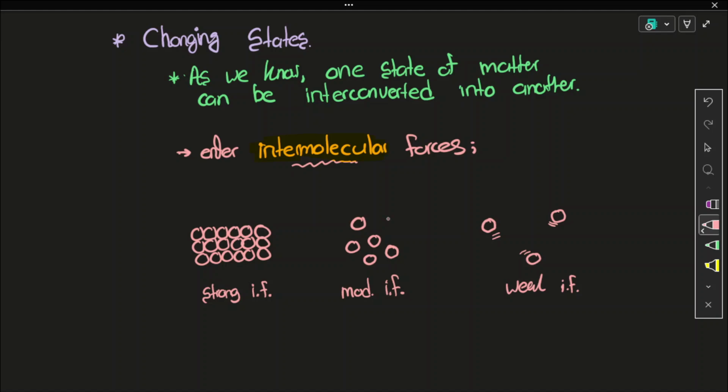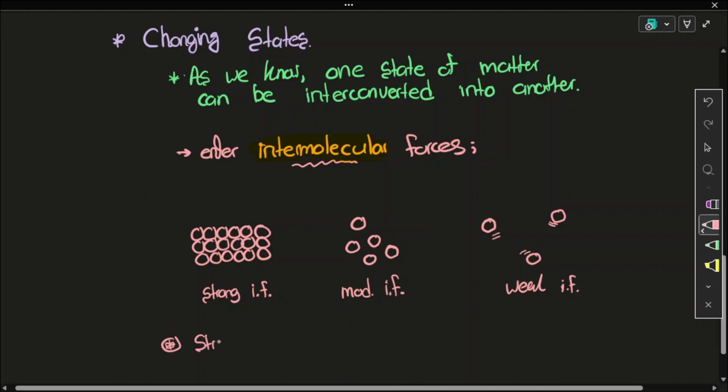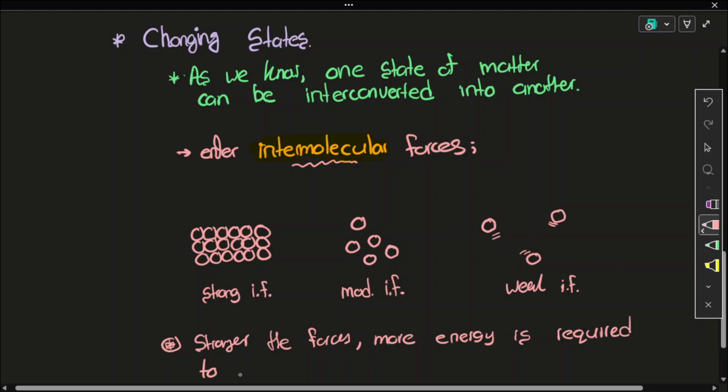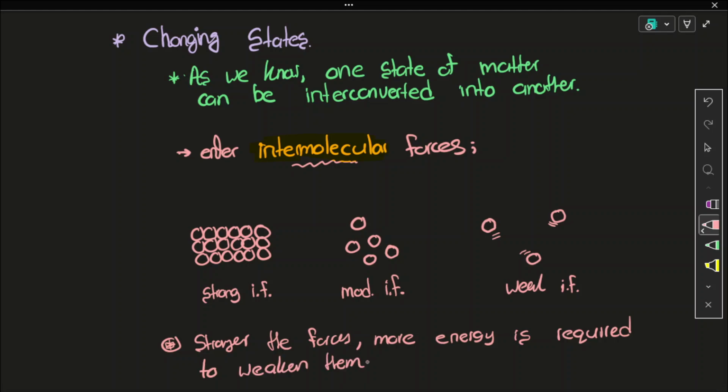So simply put, the stronger our forces, the more energy will be required to break them, or to weaken them. You need a lot of energy to weaken them and to move them apart.